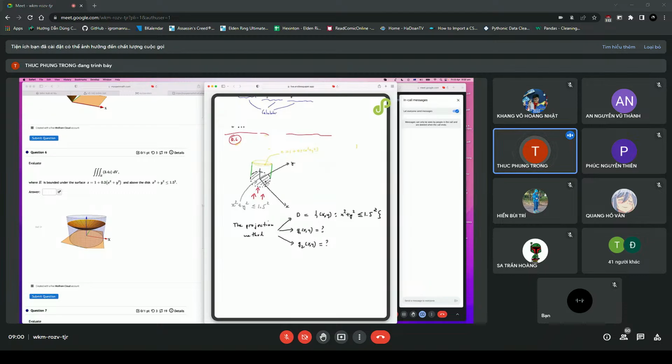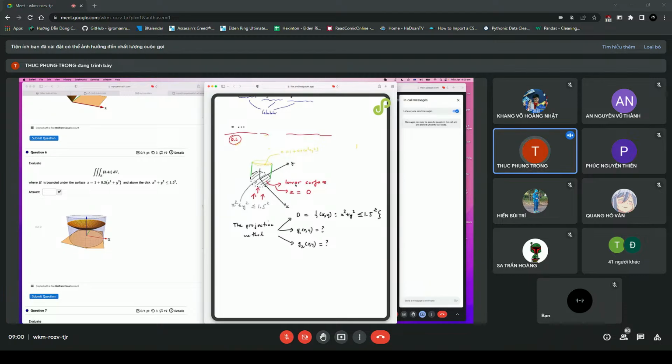And you need to get an equation in the form z equals something of x, y. And something of x, y is obviously 0, because the equation of the disk is z equals 0, since it's on the plane XOY, right?